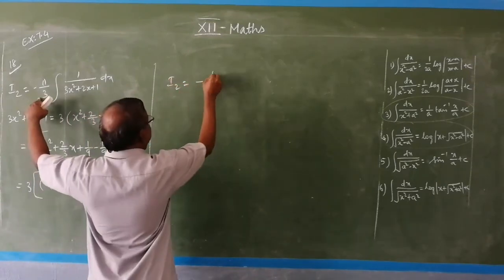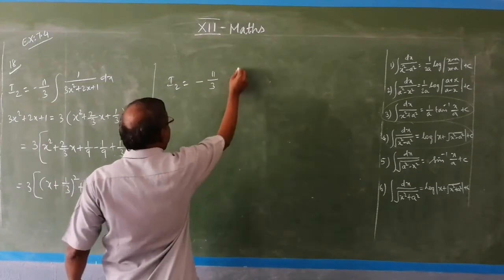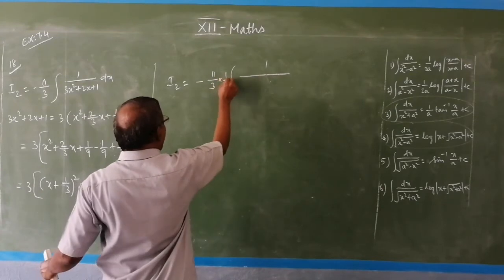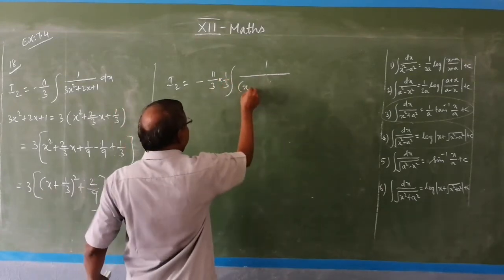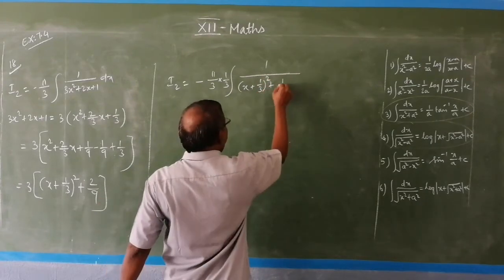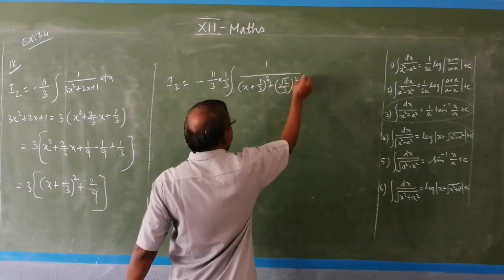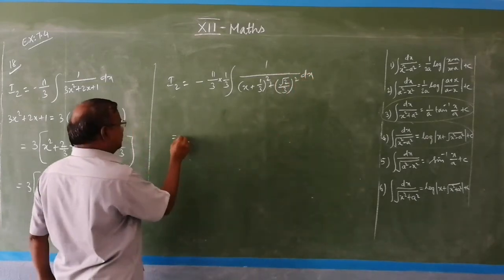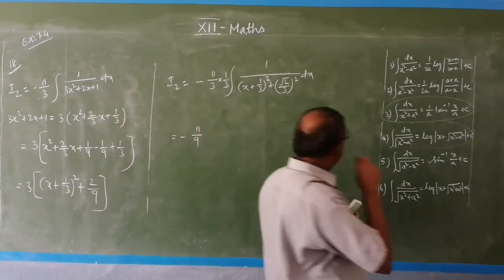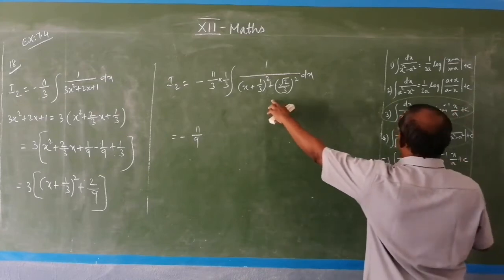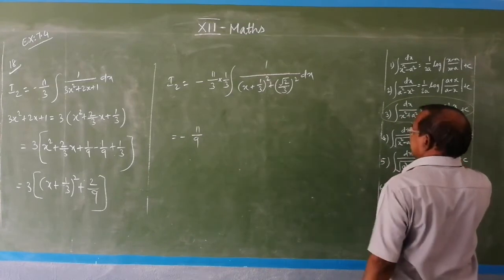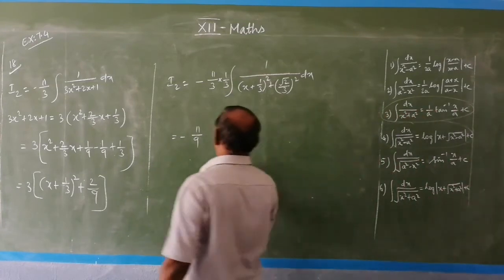Now I2 equal to minus 11 by 3 integral 1 by, the denominator is 3 into x plus 1 by 3 the whole square plus 2 by 9, which can be written as root 2 by 3 the whole square, into dx. So this is equal to minus 11 by 3 times 3s are 9, and the integrand is in the form of 1 by x square plus a square, whose integral is 1 by a into tan inverse of x by a.